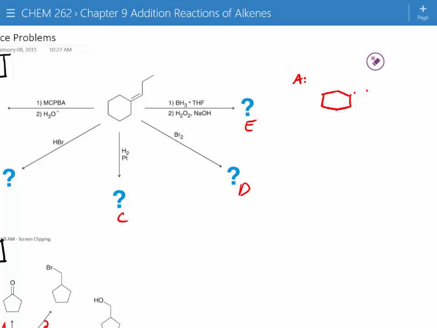Actually, let's avoid stereochemistry there because we know it's not a stereocenter. OH. And then we've got another OH that could be a dash or a wedge along with an ethyl group. And then we've also got its enantiomer as well, right? So this would be our product for A.